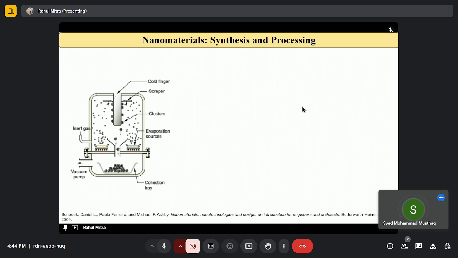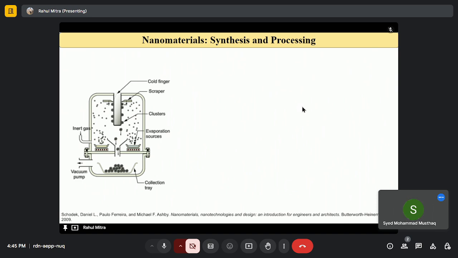For example, if I have a very big substrate, which is a 3-dimensional material, not nanomaterial, because it has 3 visible dimensions and no dimension is in nanoscale. Then I deposit a thin film on its surface, and our thin film is in nanoscale. So again, it will turn out to be a 3-dimensional nanomaterial.